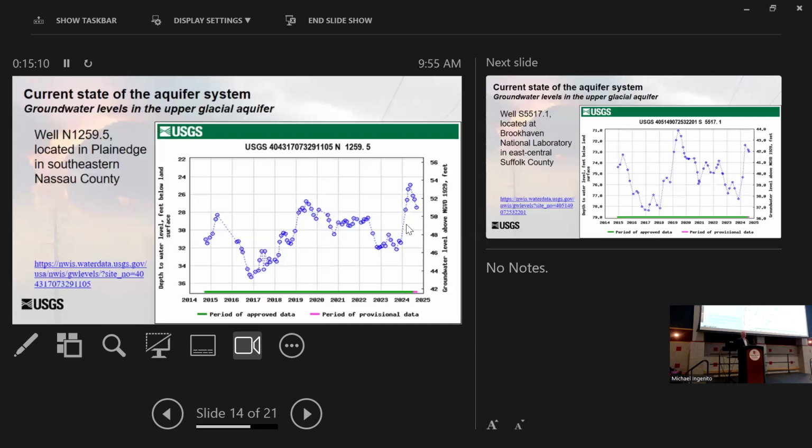It's an area that's seen long-term groundwater level declines because the water that is withdrawn from the aquifer system for drinking water supply and other uses is not returned to the aquifer system through on-site systems. It is actually shunted off to our centralized wastewater treatment facilities, and ultimately it permanently leaves the system through outfalls to the ocean.